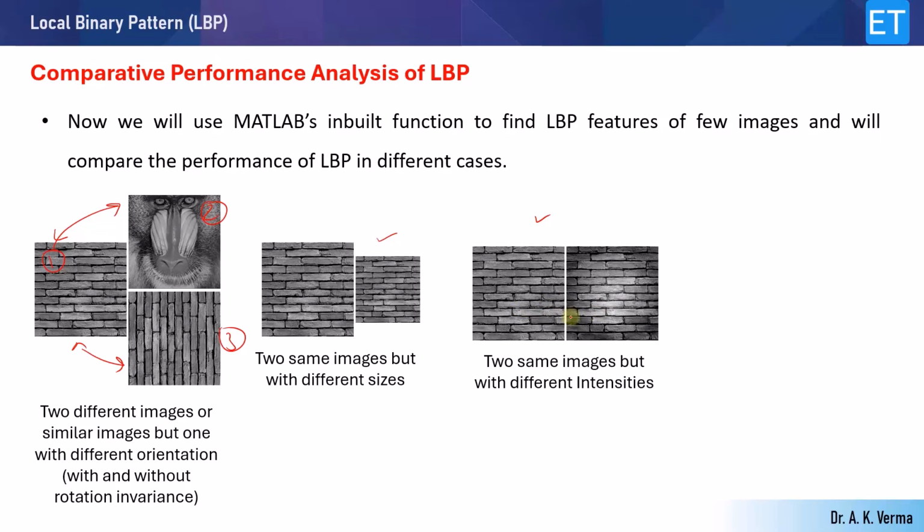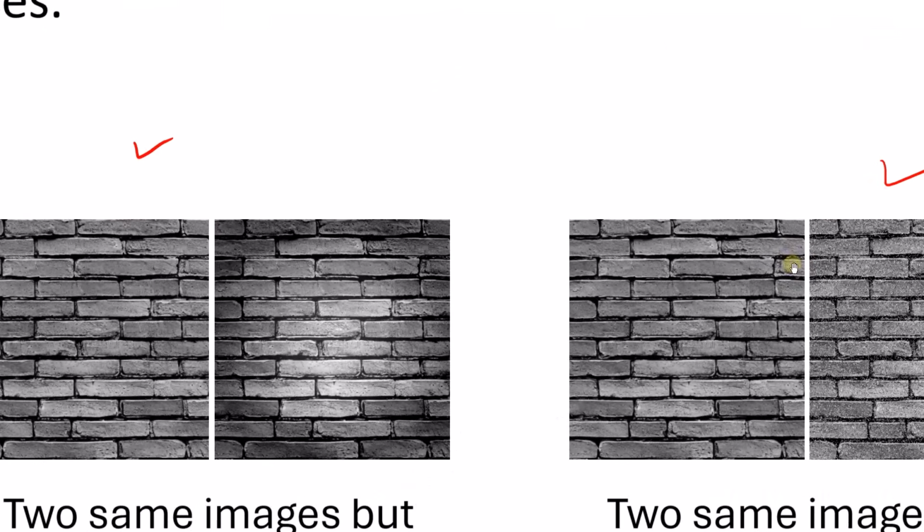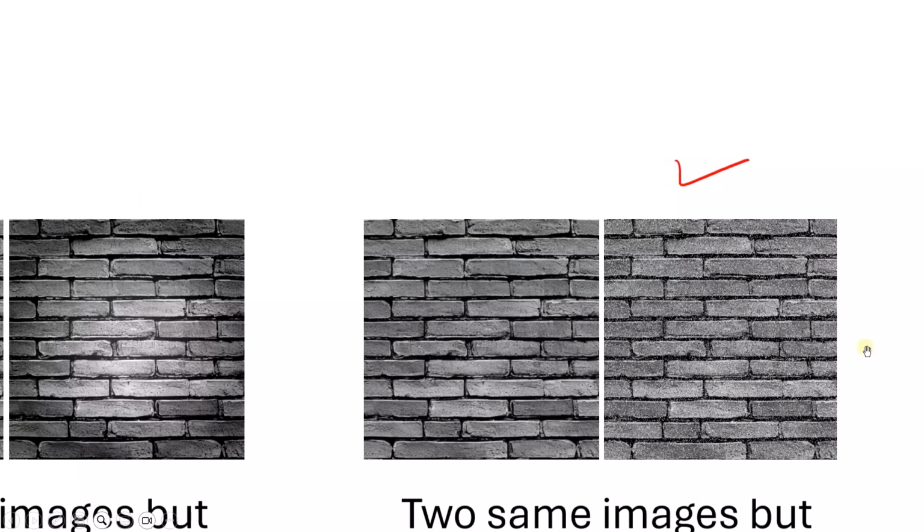Here again I want to show you that LBP shows invariance against illumination variation. And in the fourth case, again the images are the same, but the second image is corrupted with noise. I want to show you the robustness achieved by LBP. Here you can see the second image is corrupted with noise.